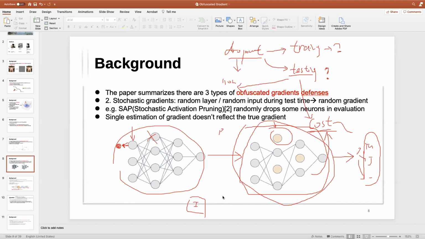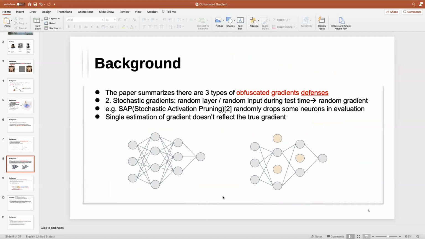But the point is that, let me clarify. There are two points to make. First, we can consider dropout as random perturbations on one layer or several layers, right?